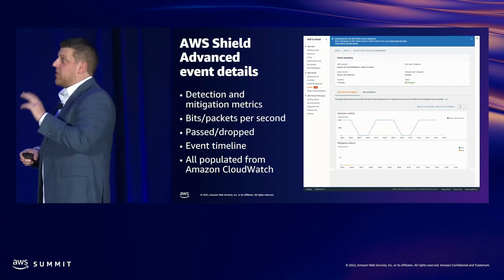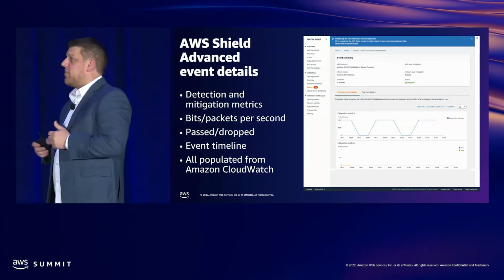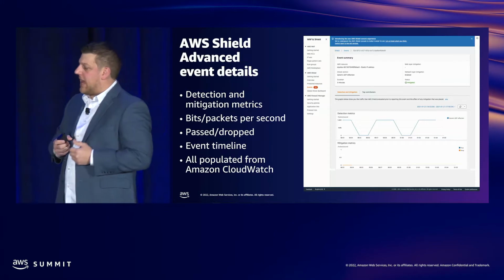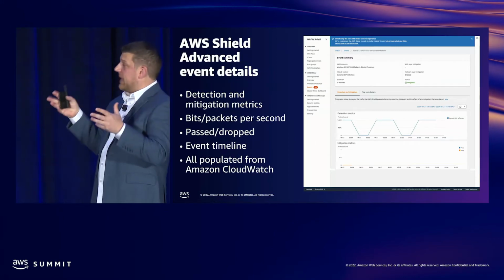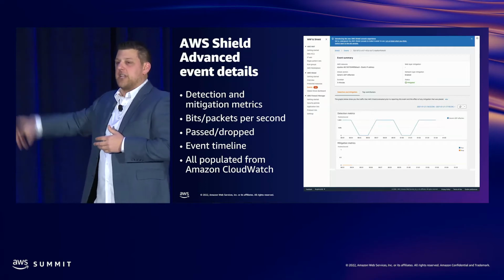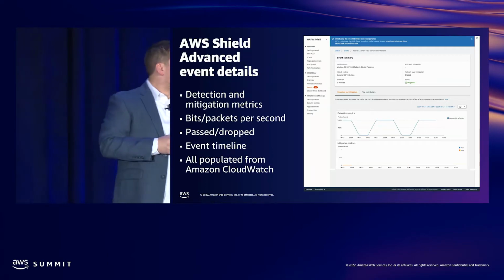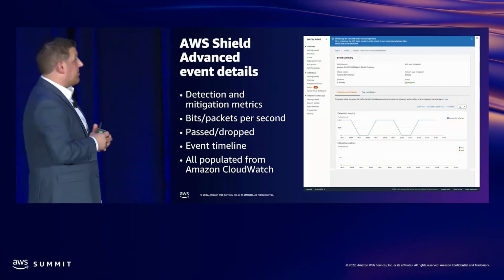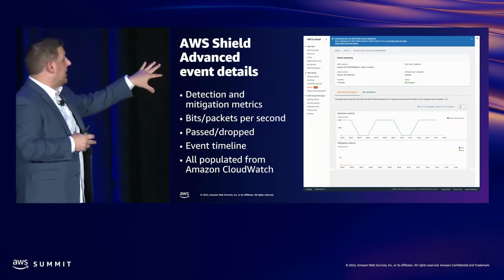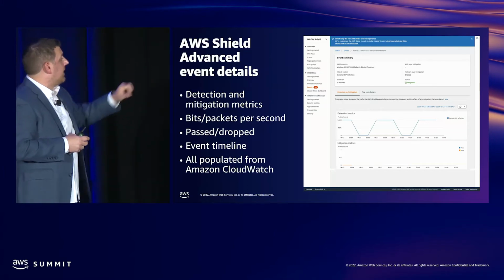So I'm going to jump into a few features, and I think this is very important because a lot of people ask, well, Shield Advanced, Shield Standard. The first big difference is the visibility you get within the platform from some CloudWatch alarms.